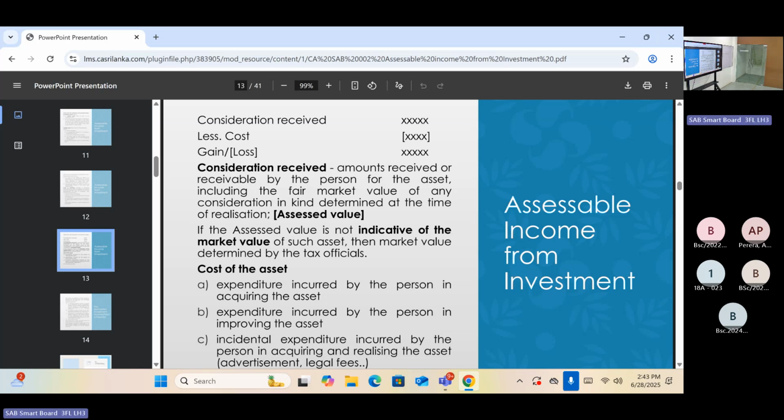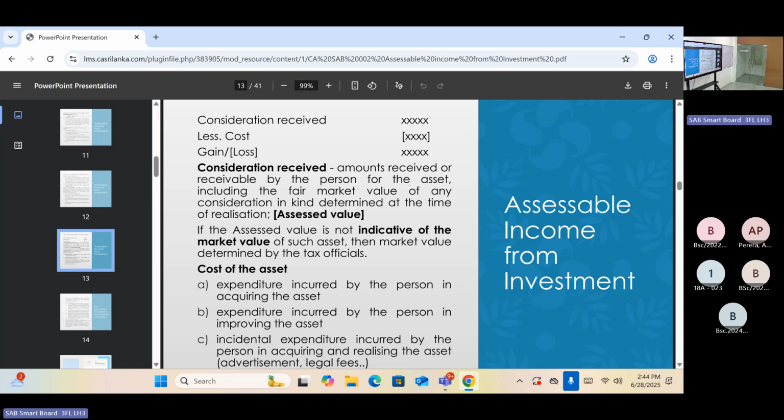How to compute the gain and loss? Disposal proceed minus cost of the land. The disposal proceed is 30 million. But really, we acquired that land at 9 million.